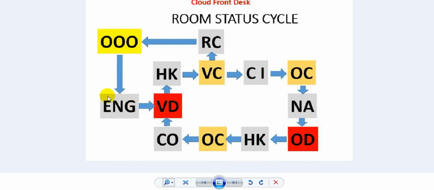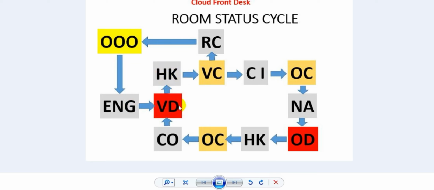After he finishes fixing the room and it is suitable for use again, he changes the status to completed, which becomes vacant dirty, where housekeeping has to check and clean it again. So even though it has been repaired by engineering, the status becomes dirty but empty.